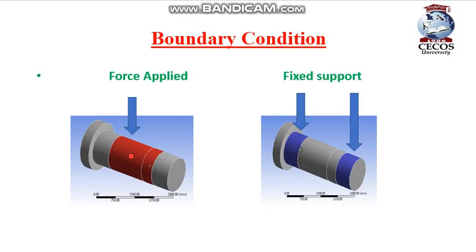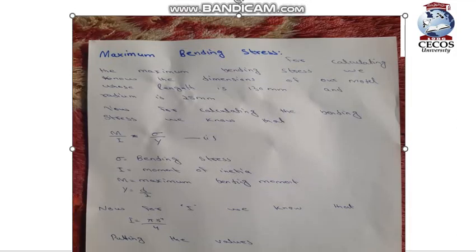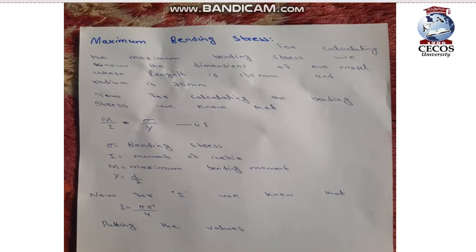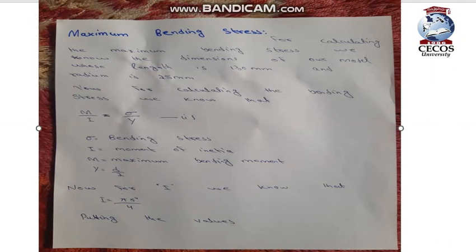As you can see here, it is not clearly seen, but I will explain it using my voice. So for calculating the maximum bending stress, we use length 130 millimeter and radius 25 millimeter.